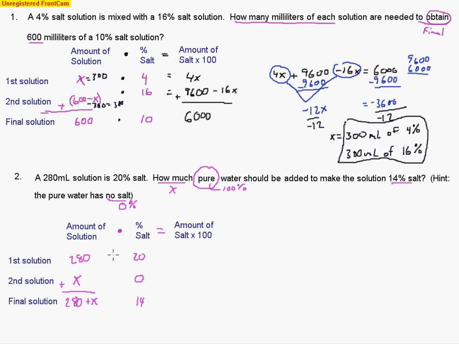So 280 times 20. So 2 times 28 leaves us with 56. And then you just count up the zeros. 1, 2 zeros, so 5,600. Well, 0 times x, we like that. That just makes 0. And then over here, we have 14 times 28. Off to the side, I've got to do that work. 28 times 14.